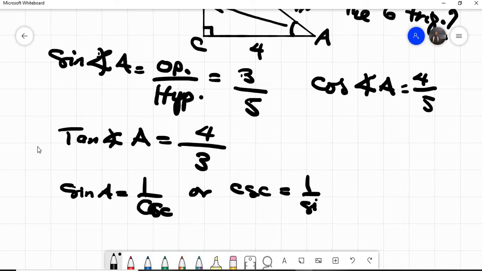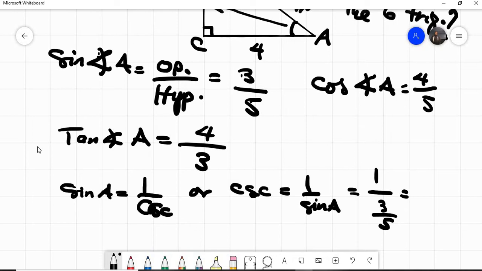Both are the same thing. Sine is 3 over 5, so cosec is 1 over 3 over 5.